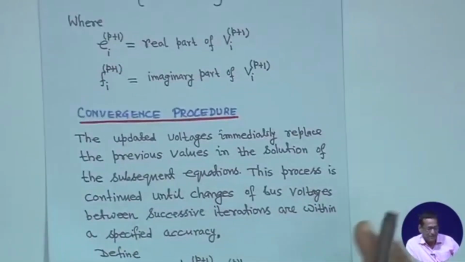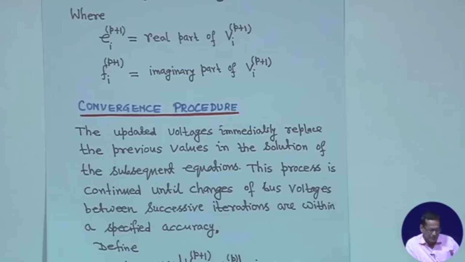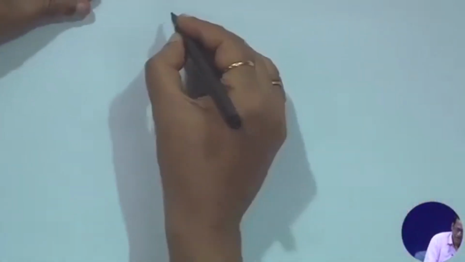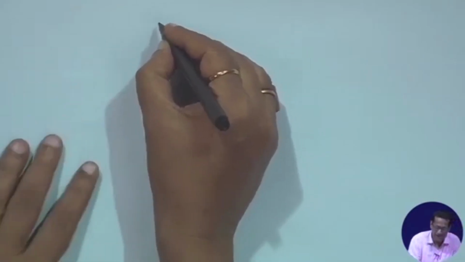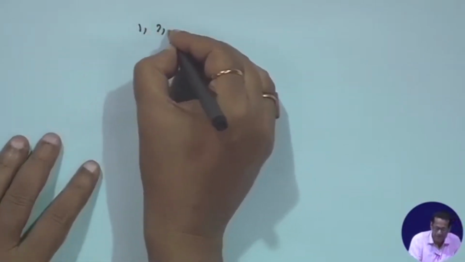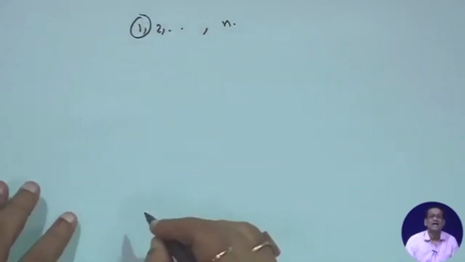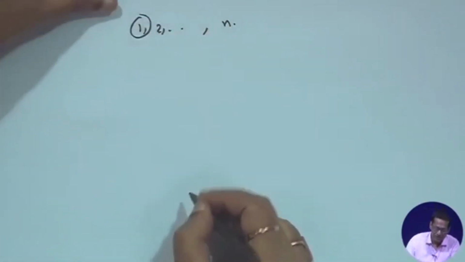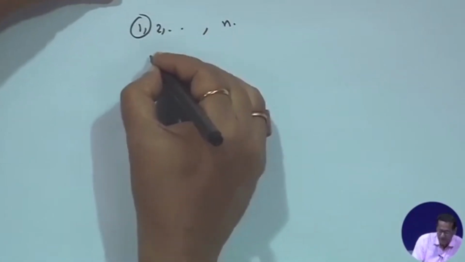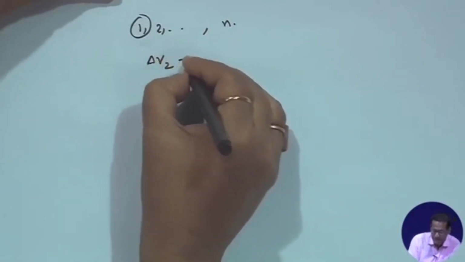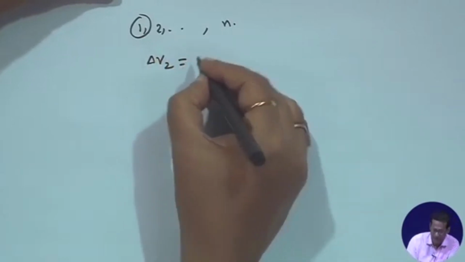Next is the convergence procedure. Suppose you have an n bus problem, with buses 1, 2 up to n, and bus 1 is the slack bus. In the Gauss-Seidel method you calculate the voltage change delta V2.